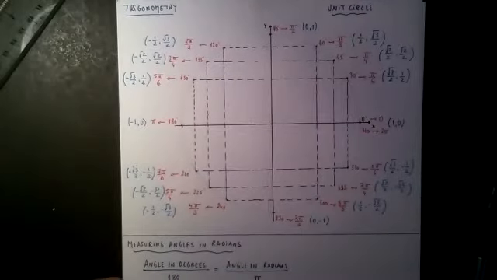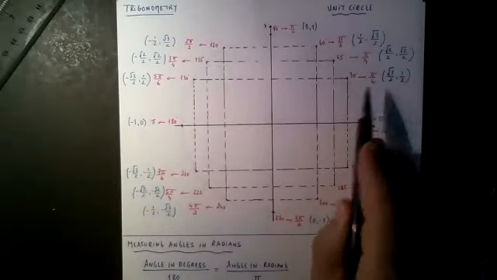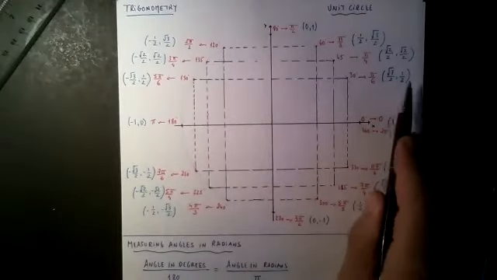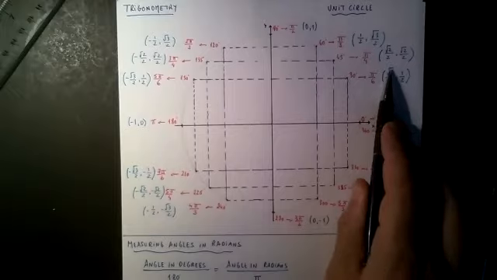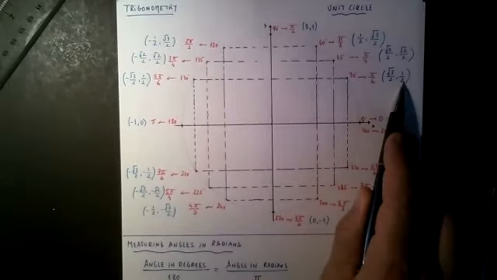That's what we did last class. So at 30 degrees, pi over 6, the point was √3/2, 1/2, which means that the cosine of 30 degrees or pi over 6 is √3/2, and the sine is 1/2.